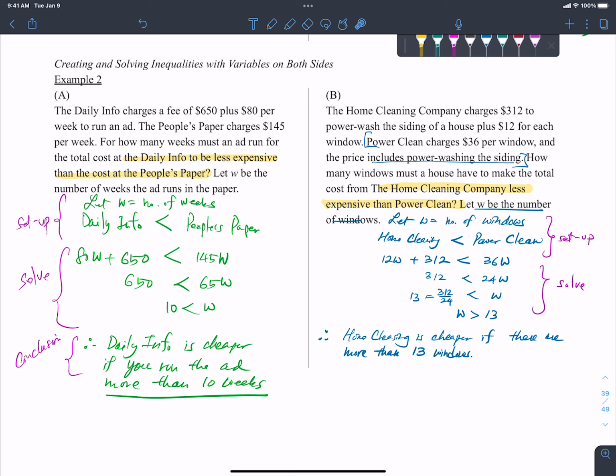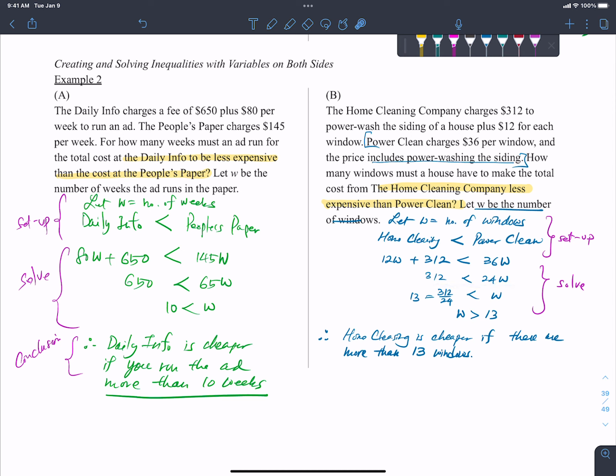Whereas Power Clean charges a flat fee of $36 per window. There's no initial charge, right? So once you plug it in, we have a relationship: 12W plus 312 is less than 36W. And then we subtract 12 from 36. Okay, so once we get there, we divide both sides by 24.